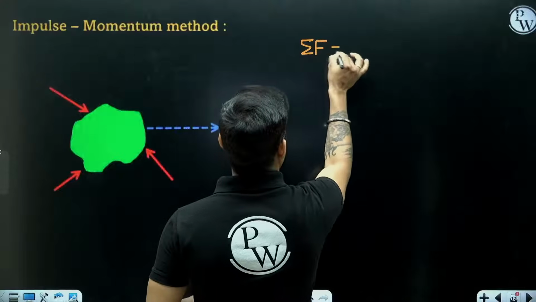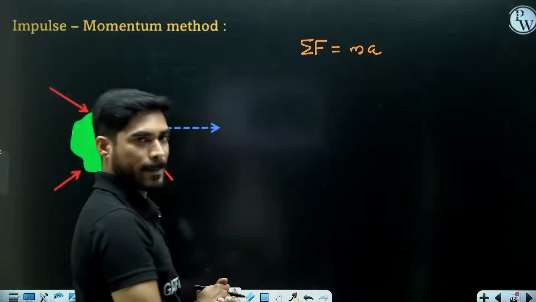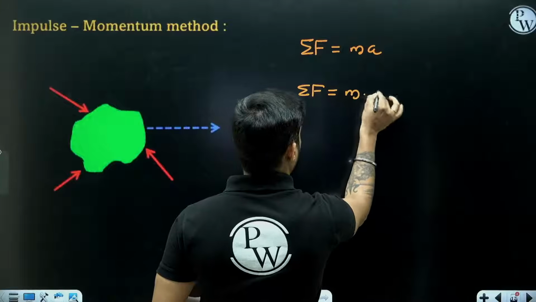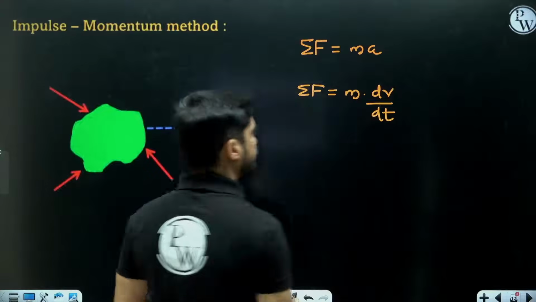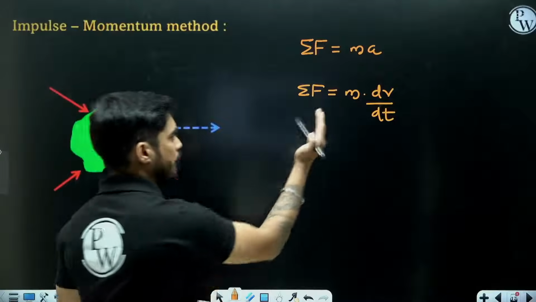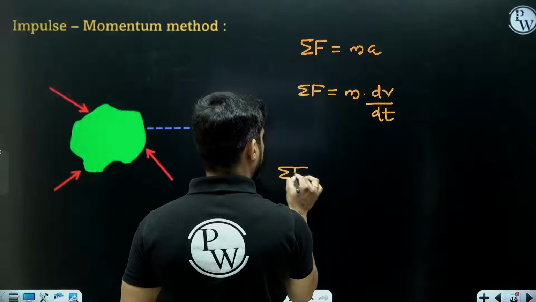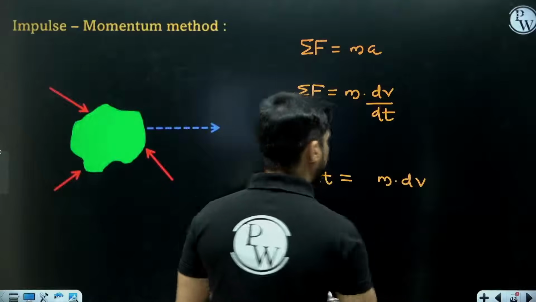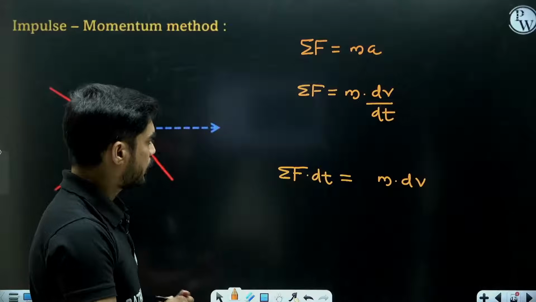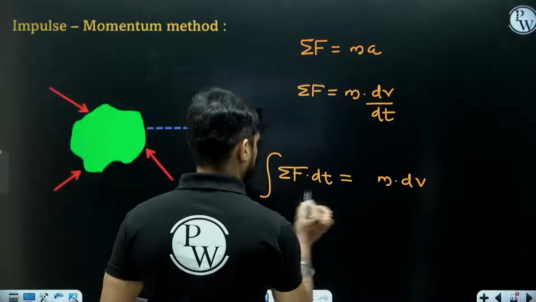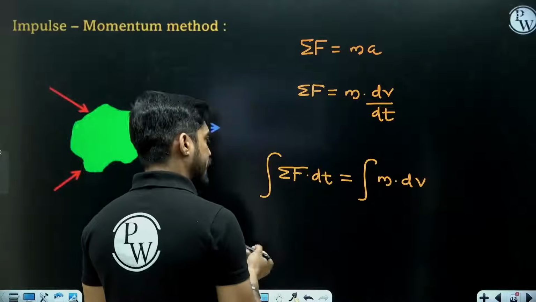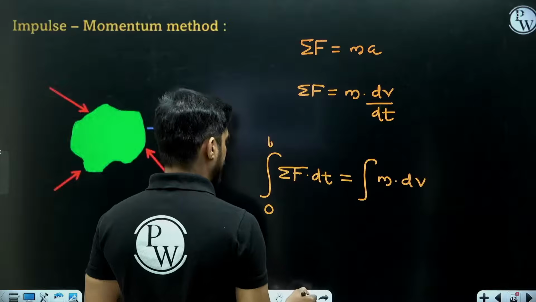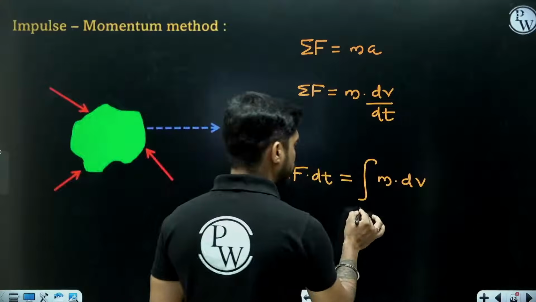Summation of F equal to ma. Understand, you can write a as dv by dt, right? Now if I move the dt here, I can write it like this: summation of F into dt equals m into dv. Now integrate these equations. Let's say you are applying the force for t seconds, so the integration will be from 0 to t, and let's say the velocity changed from u to v.